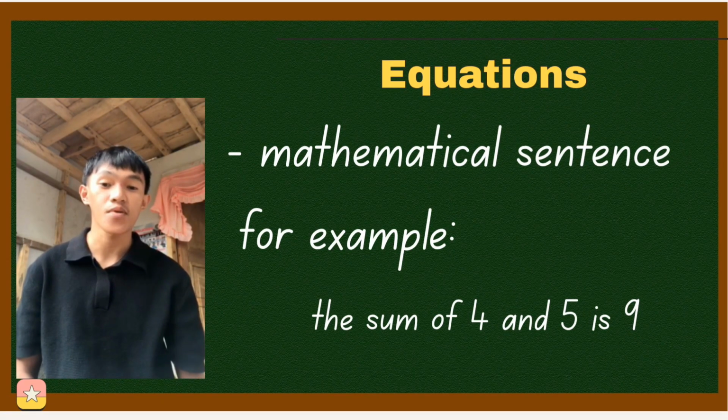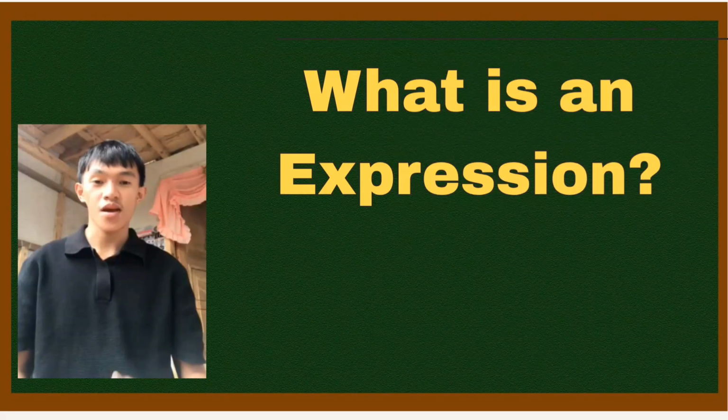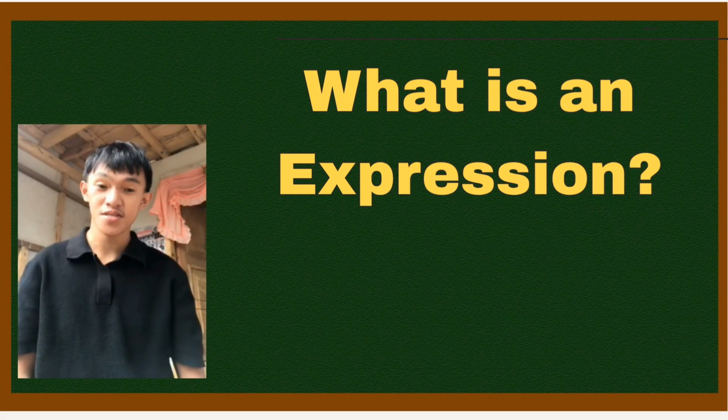Just for example, the sum of 4 and 5 is 9. Another one, expression has no equal sign, while equation has an equal sign, which represents the word is. So again, what is an expression?